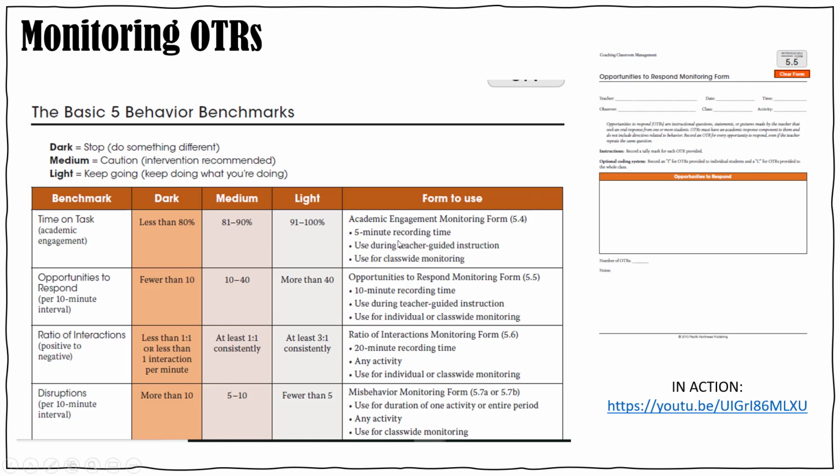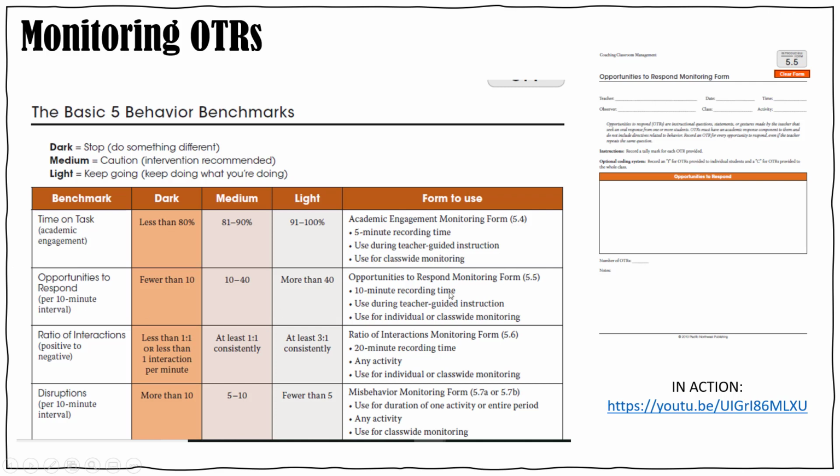But you can do 5-minute recording time, use during your teacher guided instruction, use for class-wide monitoring, and things like that. So yeah, just have some ways to measure academic engagement, use an interval system, things like that, and just make sure that your students are engaged. Looking at your opportunities to respond per 10-minute interval.